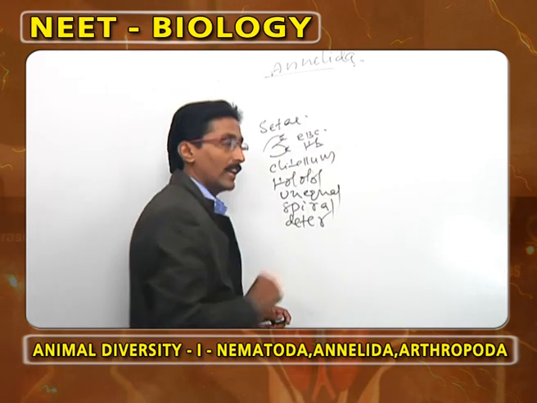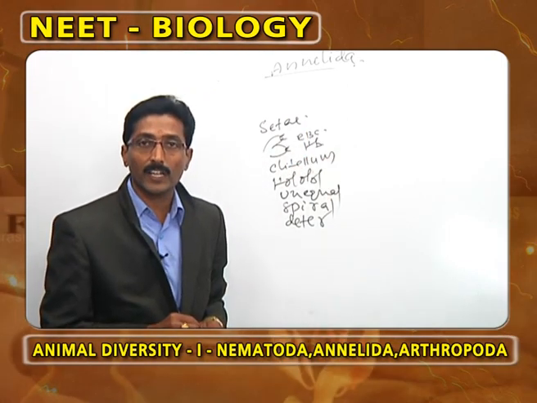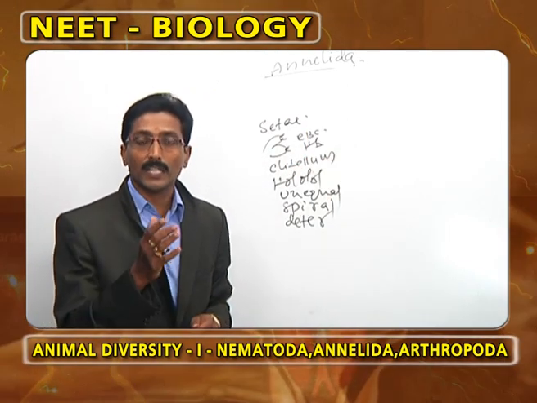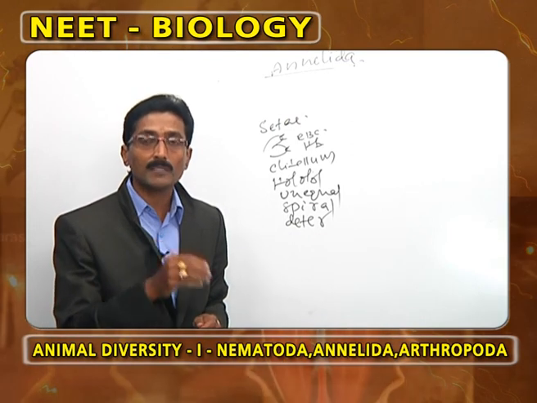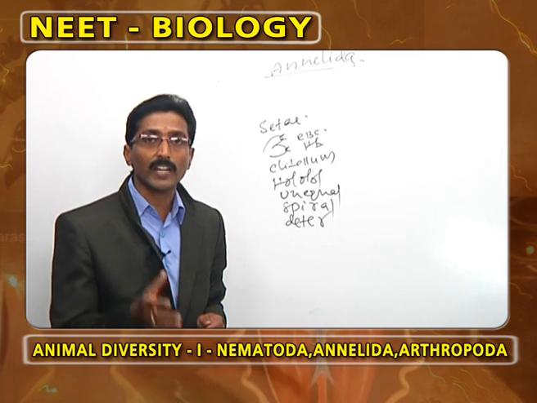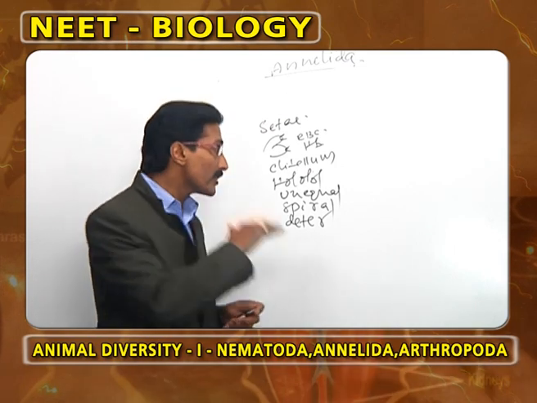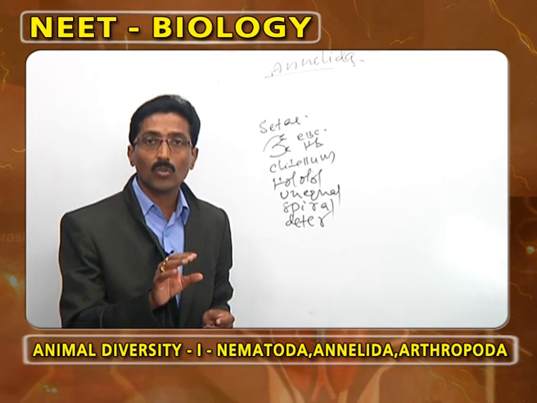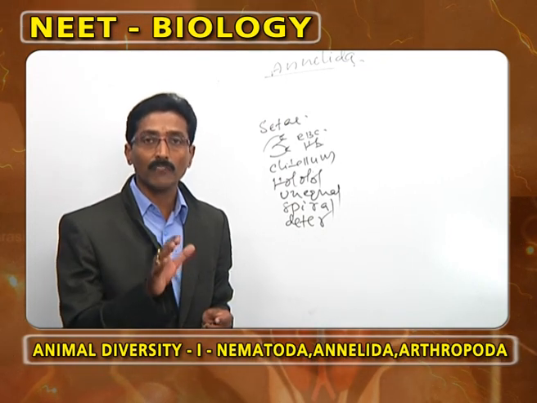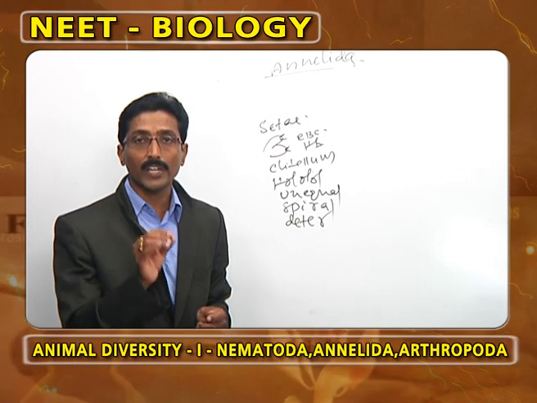In all annelids, what are the main excretory organs? The nephridia. What are the functions of nephridia? The nephridia perform osmoregulation, excretion and reabsorption of water. In addition to the nephridia, what are the other excretory cells? The chlorogogen cells. What is the main function of chlorogogen cells? Only excretion.